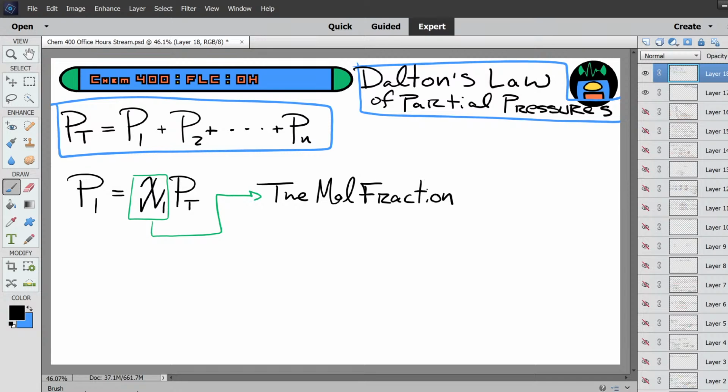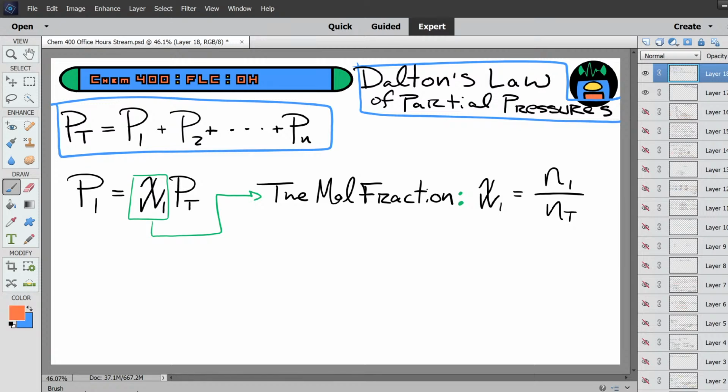And the mole fraction is, that's a Greek capital chi, Greek letter. The mole fraction for gas number one is a ratio of the moles of gas number one present in the mixture over the total moles.